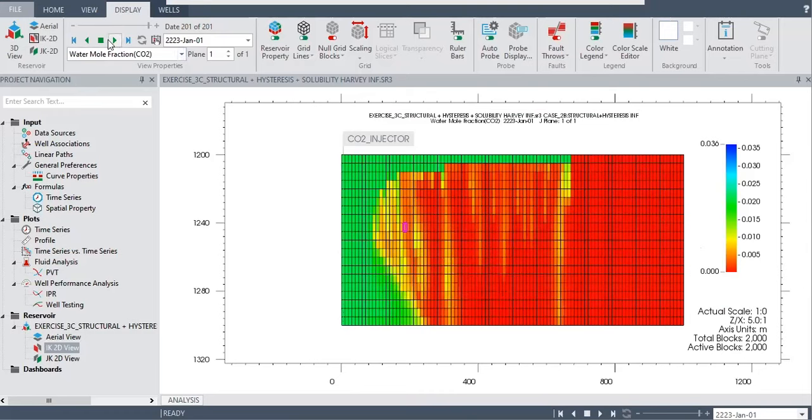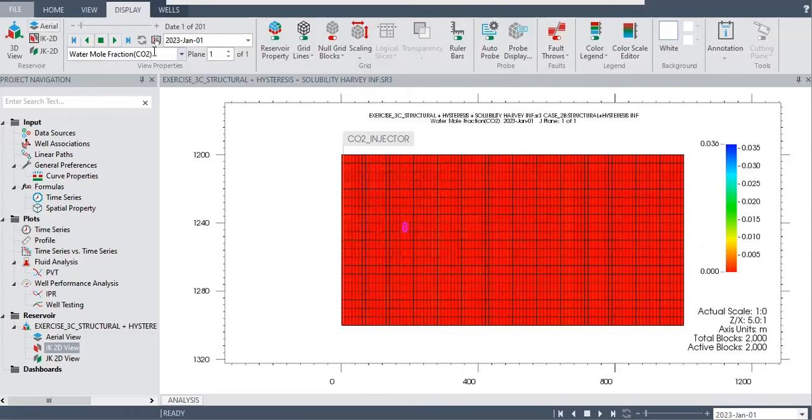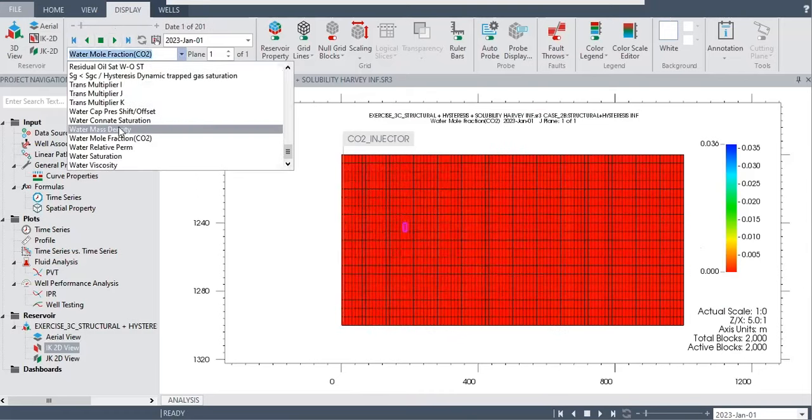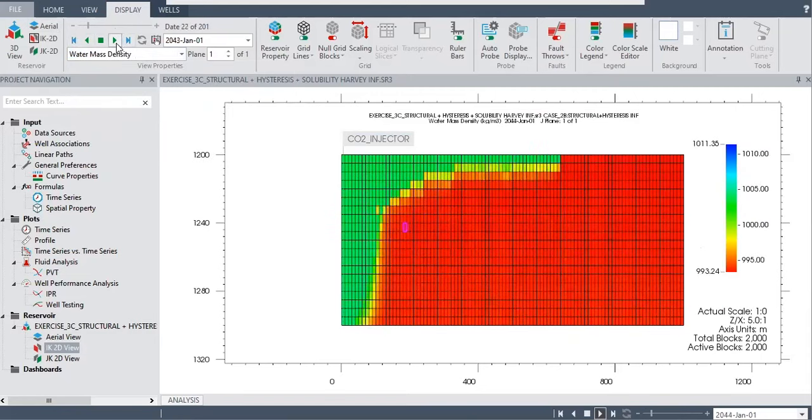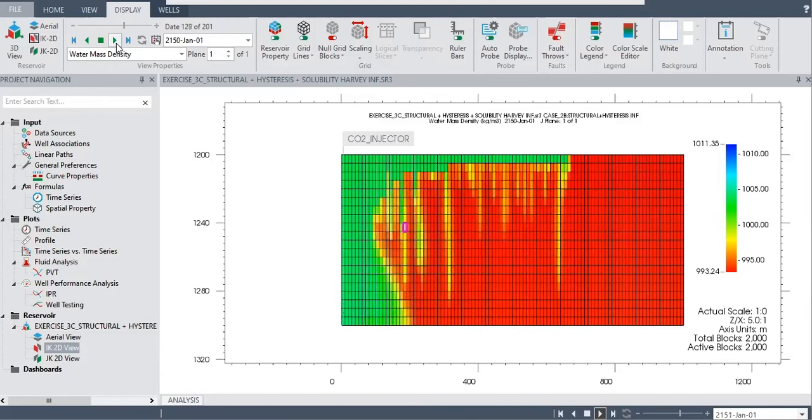It's because, let's check the water mass density starting from this value. Again, this is because the brine saturated CO2 is more dense than the normal brine. It's heavier than the normal brine. And because it's heavier, because it's more dense, it will go down into the bottom of the aquifer due to gravity, right?